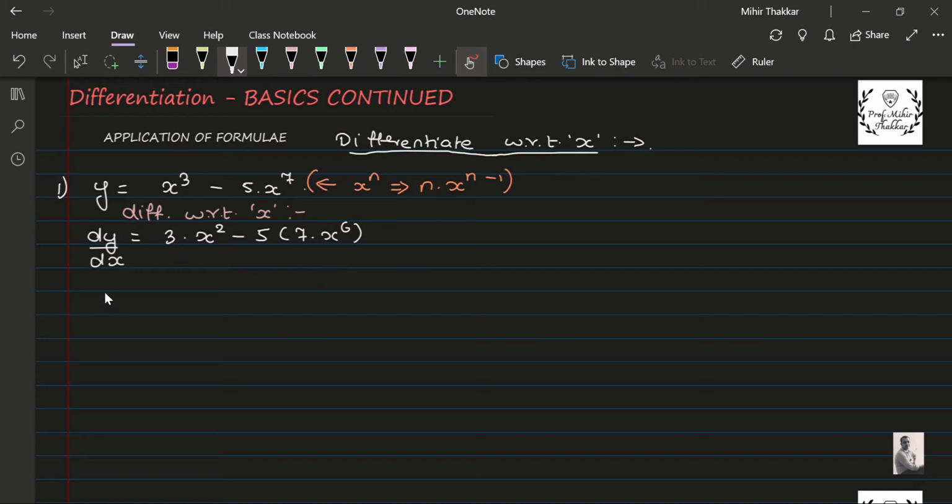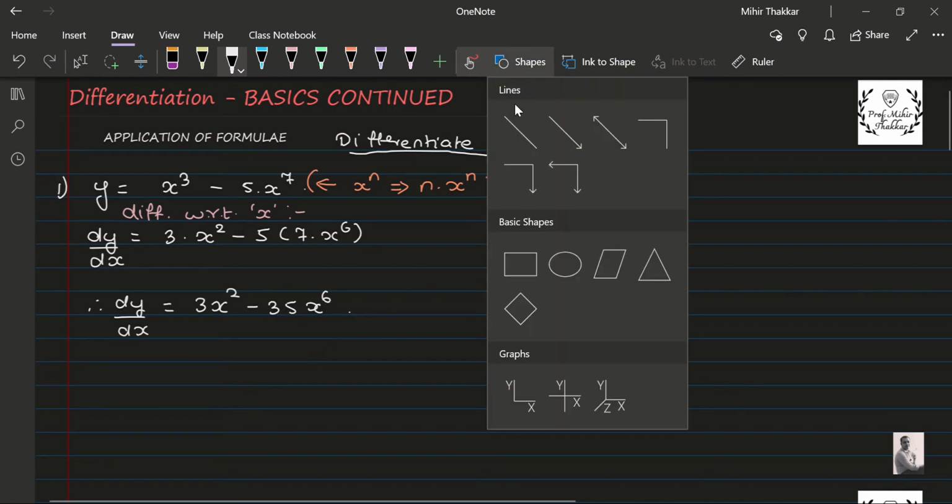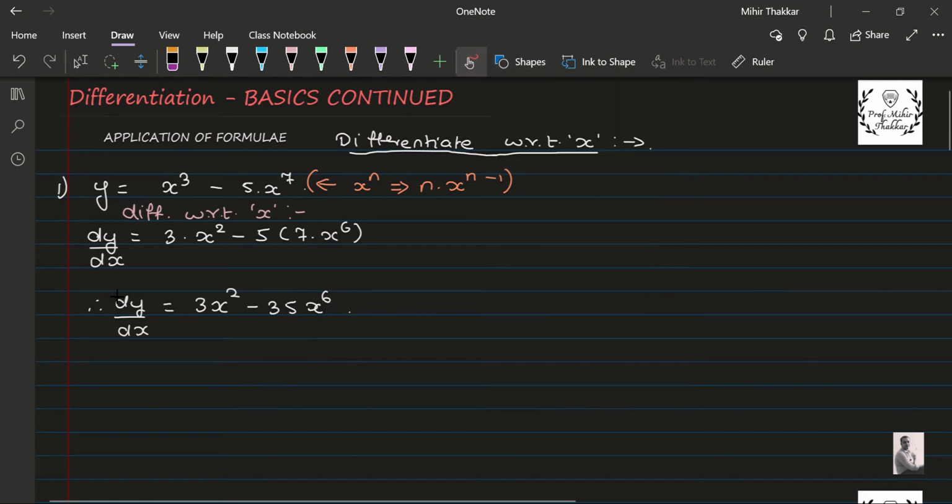Therefore we write our final answer: dy by dx is equal to 3x square minus 35x raised to 6. So that is your first answer. It's a very simple sum.